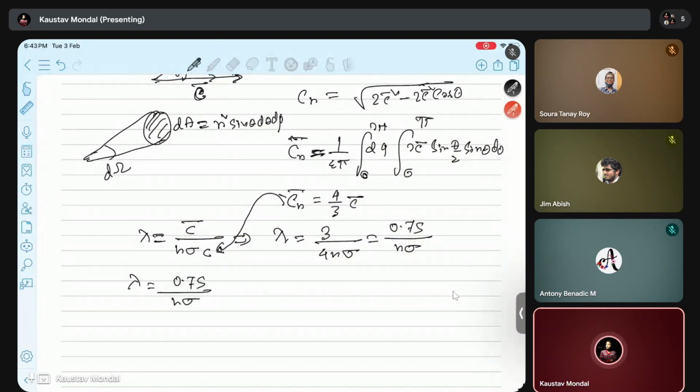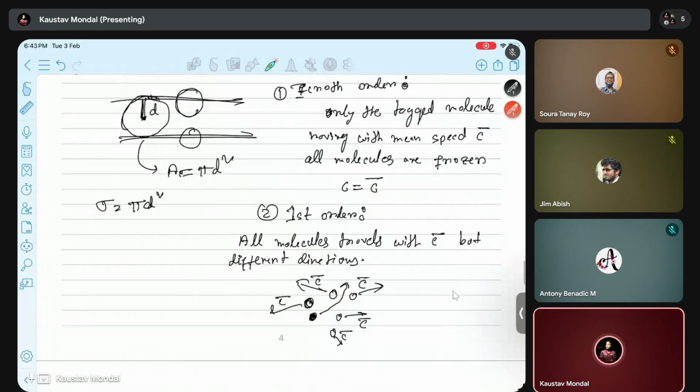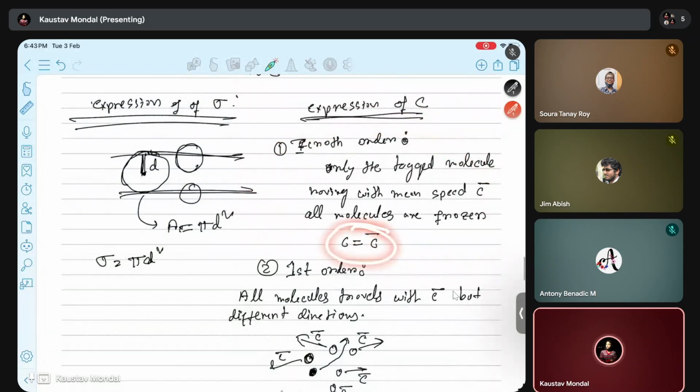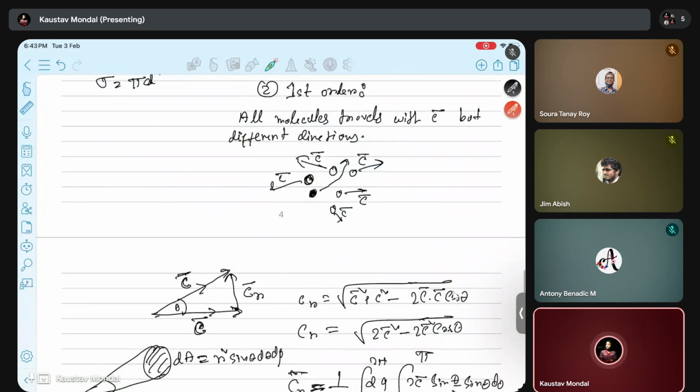So the important thing in the first order correction: the zeroth order correction is that the tagged molecule is moving with c bar, that's it, and every other molecule is frozen. And the first order correction is that every molecule is moving with a particular velocity c bar but in a different direction.